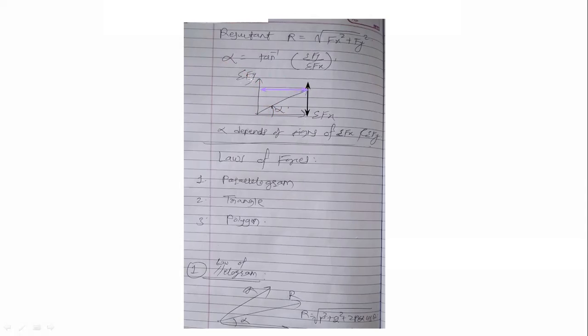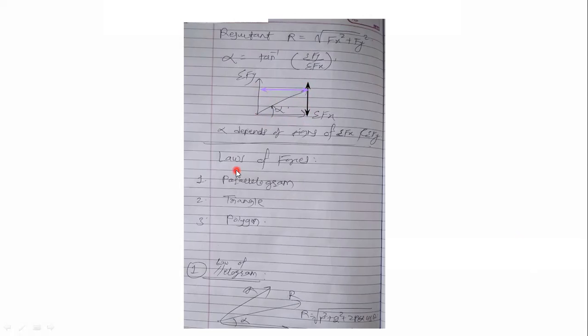Therefore this summation of Fy can be drawn here also, and the angle alpha is opposite to the summation of Fy, divided by summation of Fx, which is horizontal. You can see here summation of Fx is horizontal, summation of Fy is vertical. So tan of alpha will be equal to opposite upon adjacent, and therefore summation of Fy divided by summation of Fx, you will get this.